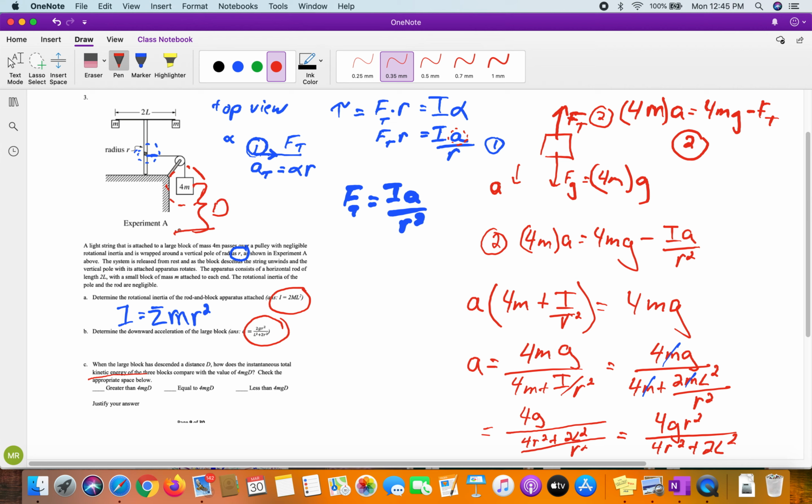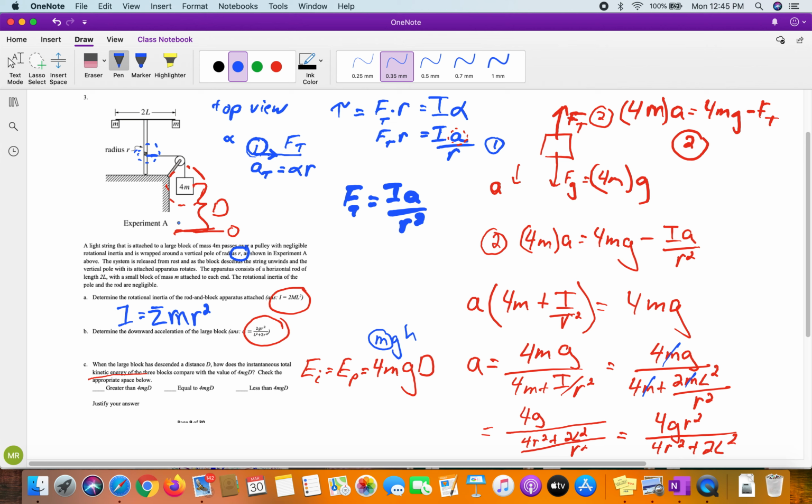So if we keep the lowest point of our problem ground 0, my initial energy is all potential. So my energy before is just potential, and it will equal 4m, g, and h is d. So all I've done there is I've said potential energy is mgh, my mass is 4m, and h is d. So that's my initial energy.